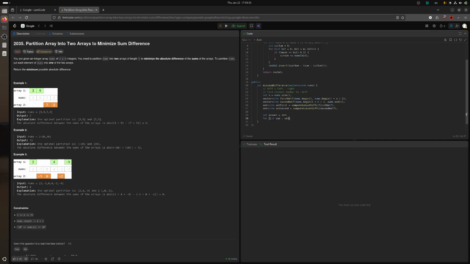sum in set first, or let's call it if, and now we do auto iterator, lower bound, set second begin, set second end, and then minus if, and what now?